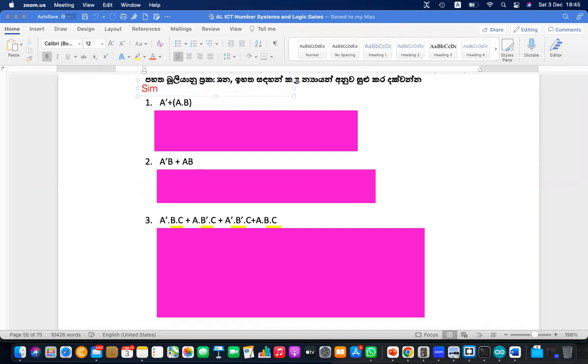Solve is not the keyword command, simplify is. Simplify the following Boolean expressions. You have to use only the laws. No need to draw the truth table.